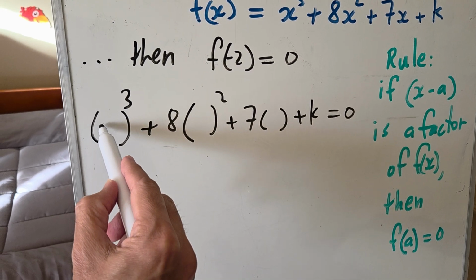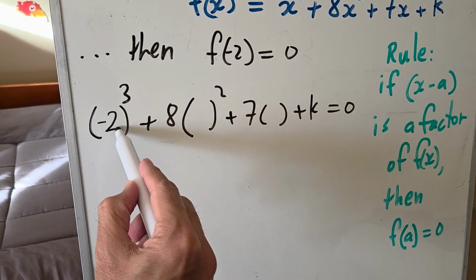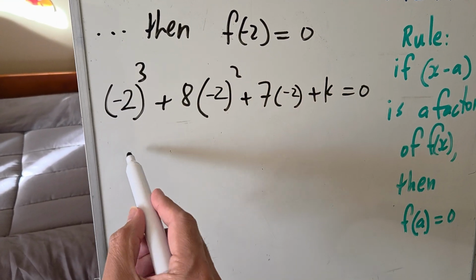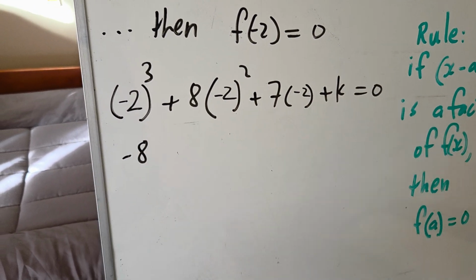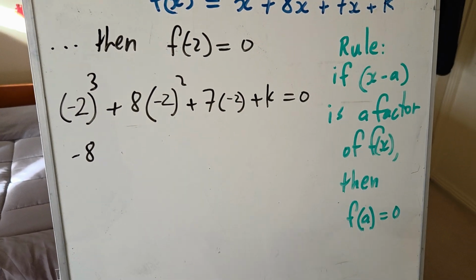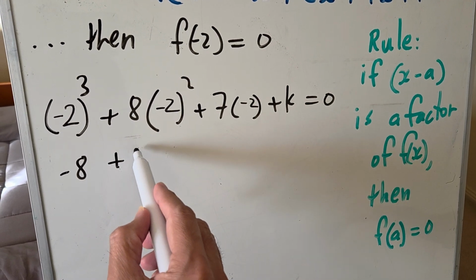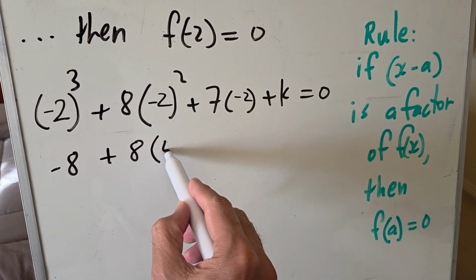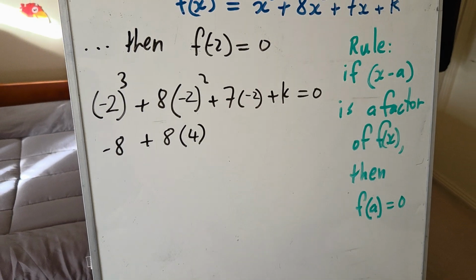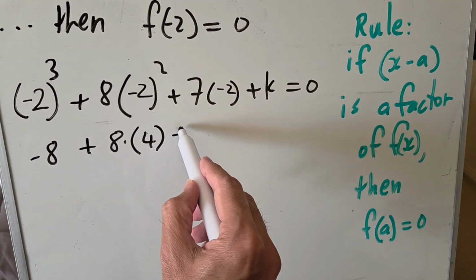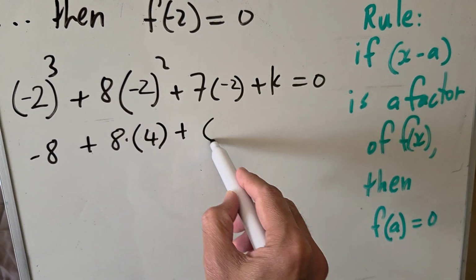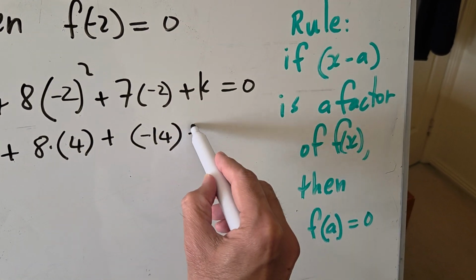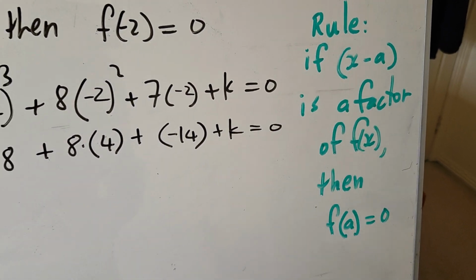So negative 2 to the power of 3 will be equal to negative 8. You have the calculators, you can verify that. And then plus 8 multiplied by negative 2 squared is going to give us 4. So 8 times 4 over here, and then plus 7 multiplied by negative 2 will be equal to negative 14, plus k would be equal to 0.